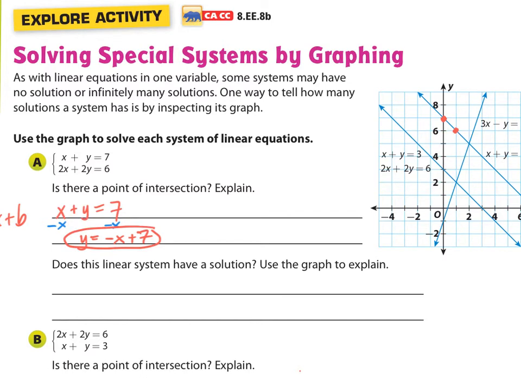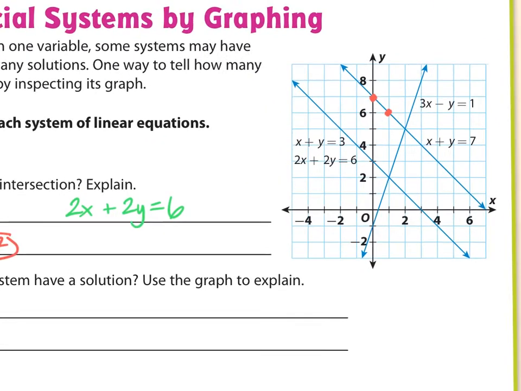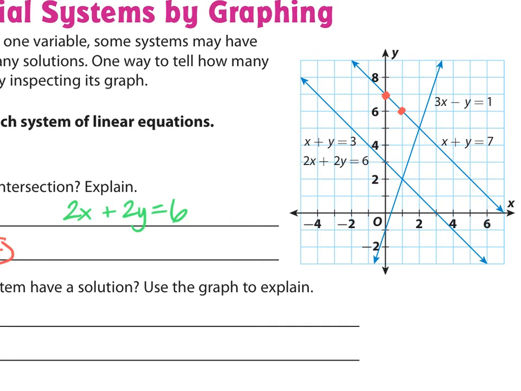The second equation, I got 2x plus 2y equals 6. And if I try to get y by itself here, then what I want to do is subtract 2x. And I get 2y equals negative 2x plus 6. Then divide everything by 2 because I got a 2y.